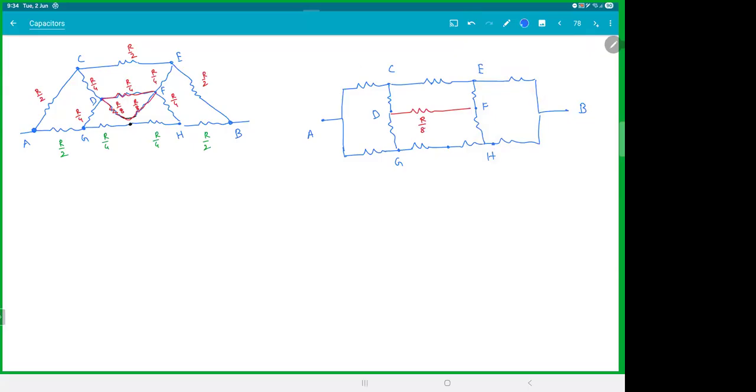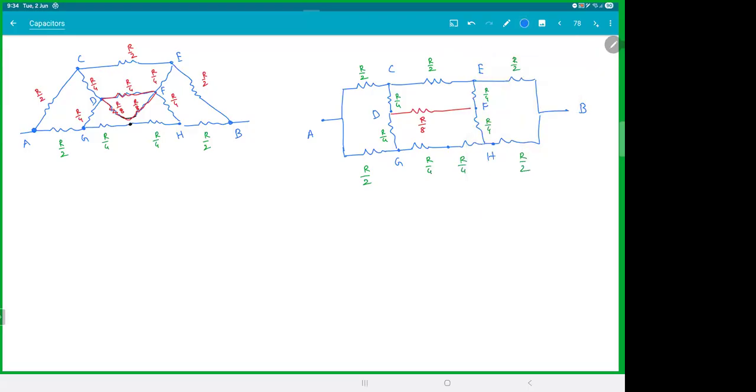Let's put on the values carefully. This guy was R by 2, this guy was R by 2, this guy was R by 2. Between C and D is R by 4, between E and F is R by 4. Between D and G was R by 4. This is also R by 4. This is R by 2, and this is R by 4, R by 4. And this is R by 2.